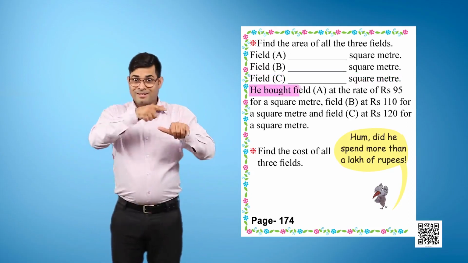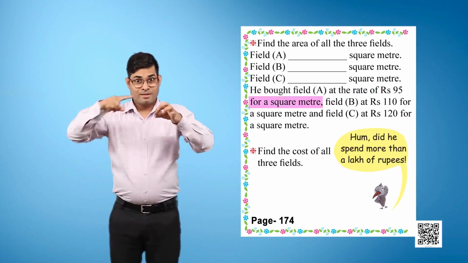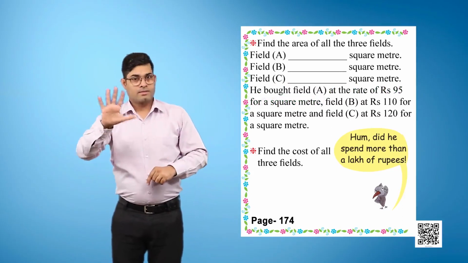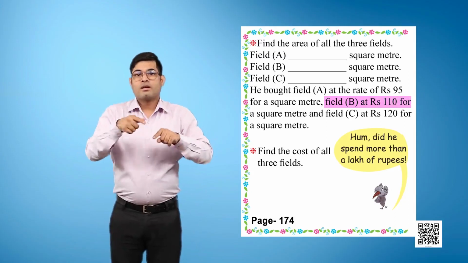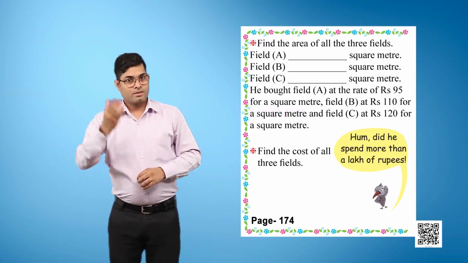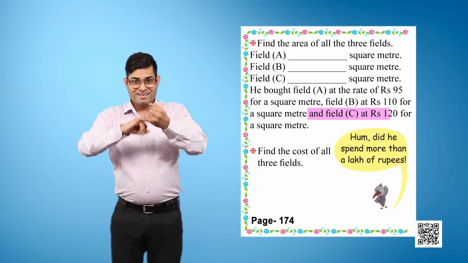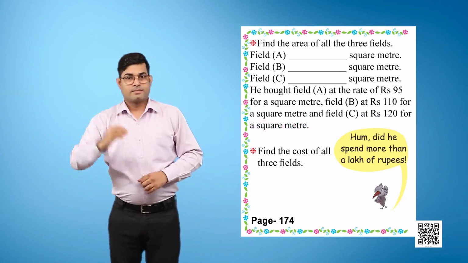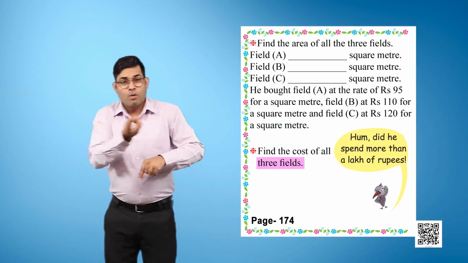He bought field A at the rate of rupees 95 for a square meter, field B at rupees 110 for a square meter, and field C at rupees 120 for a square meter. Find the cost of all three fields.